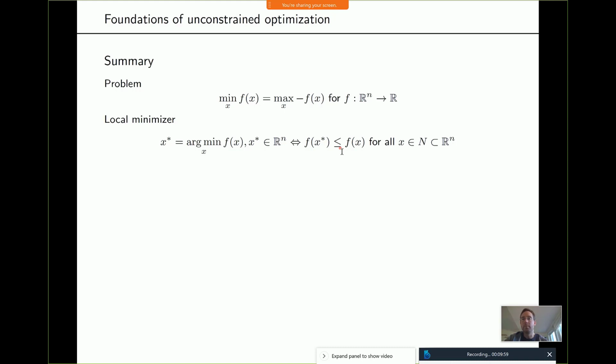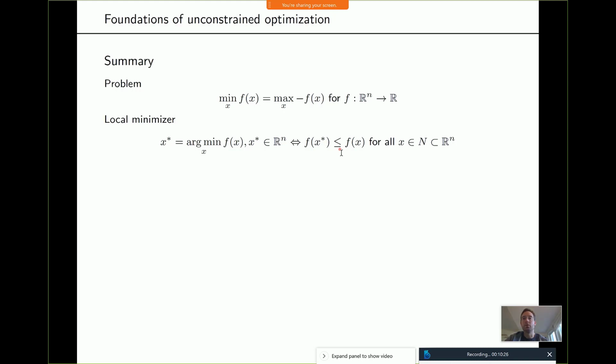Usually the algorithms identify locations where the first derivative is 0, and then you never are really sure whether you found a strict local minimizer or just a local minimizer, and definitely you never know unless you know that your function is convex, in which case a local minimizer is also a global minimizer.